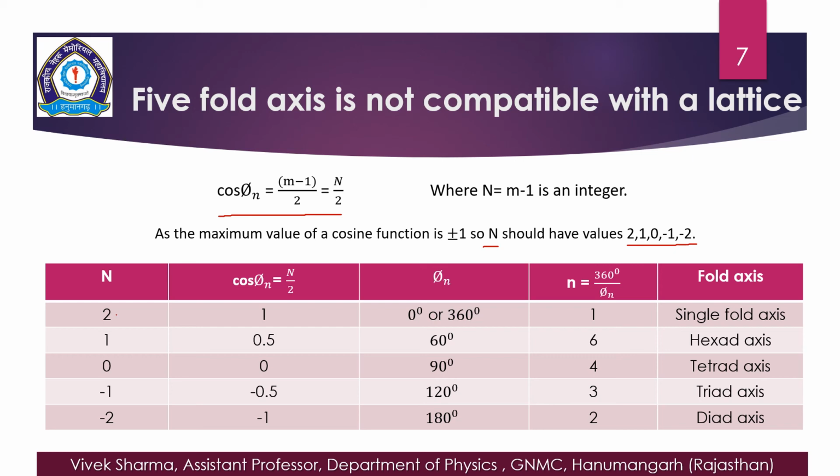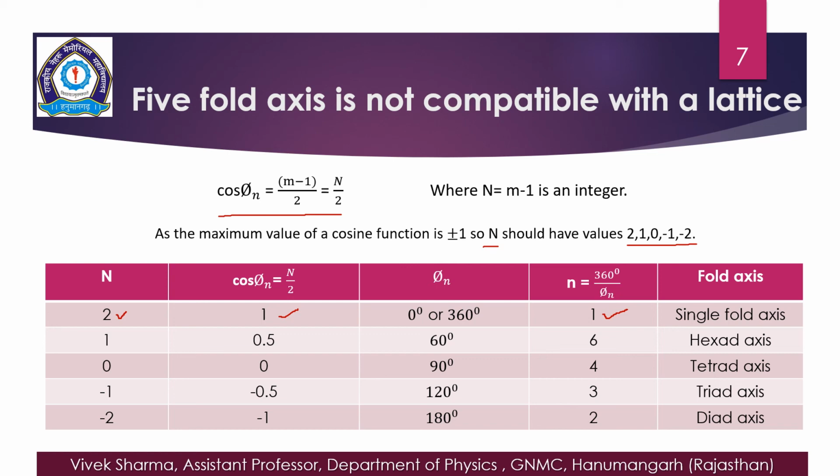In this table, first we have taken N equal to 2, then cos phi n equals 1, because 2 by 2 is 1. Then cos phi n equal to 1 is possible for the angle phi n equal to 0 degree or 360 degree. So it is small n equal to 1 according to our formula, 360 by phi n is 1. So it is a single fold axis.